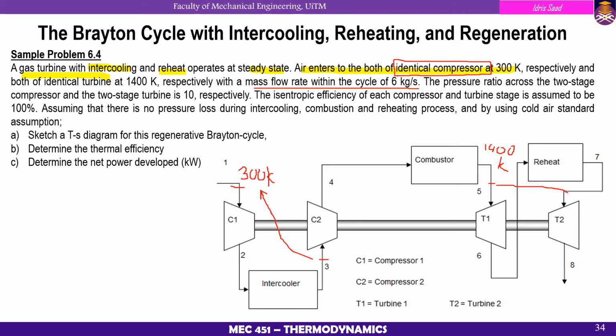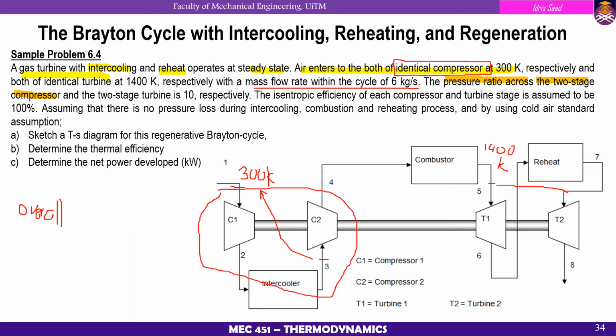Then the question gives the pressure ratio, Rp, across two stages of compressor. This is also known as the overall pressure ratio.